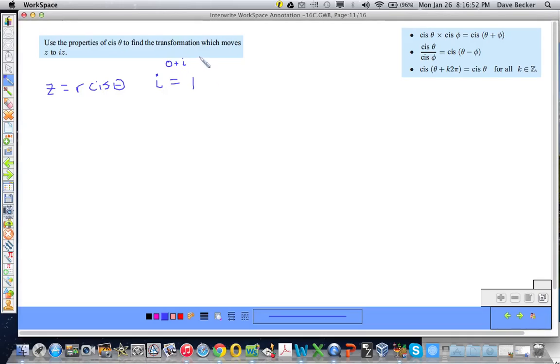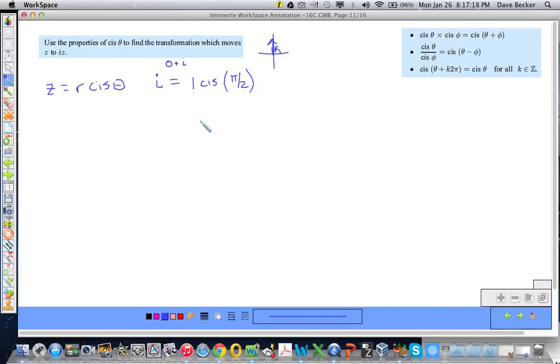1 cis, and what would the argument be? Think about that. How would you graph that vector or represent it with a vector? It would be right up on the y-axis, would it not? So the argument is going to be pi over 2. So 1 cis pi over 2.